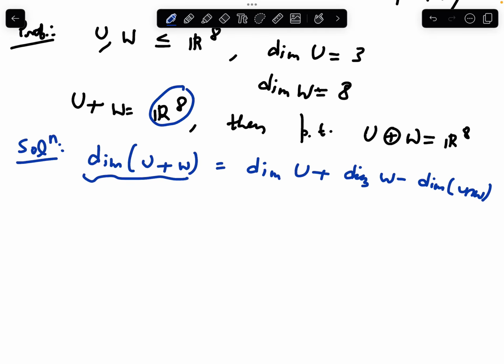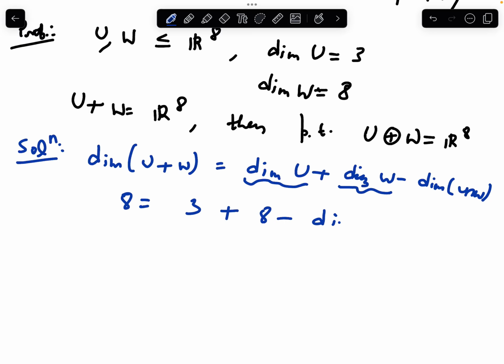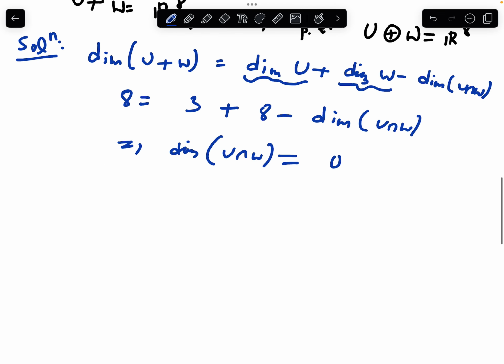This is dimension of R8, which is 8. This is 8, and this quantity is 3. This quantity is 8, minus dimension of U intersection W. This gives me dimension of U intersection W equal to 0.